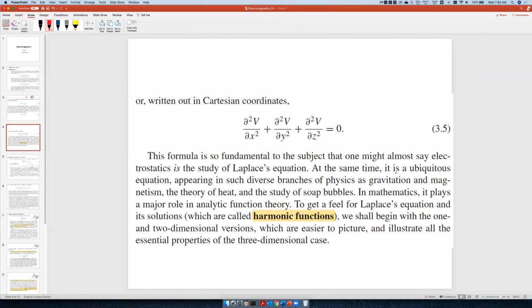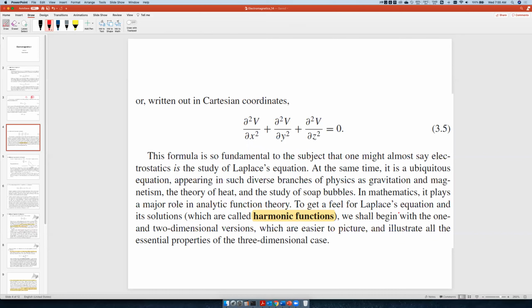At the same time, it's a ubiquitous equation appearing in such diverse branches of physics, because this kind of equation is so widely used in different areas of physics.